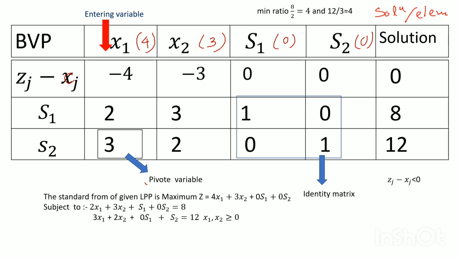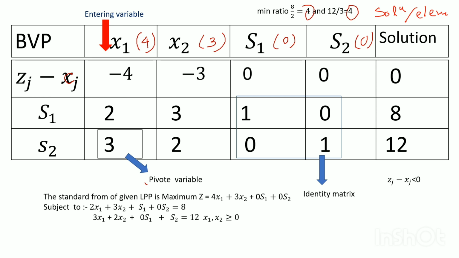So for zj minus cj, how do I get it? 2 into 0, 3 into 0, minus 4, then I get zj minus cj equal to minus 4. 2 into 0, 3 into 0 minus 3, so I get minus 3, and 0 into 0, 1 into 0 minus 0 equal to 0. So this way I get zj minus cj.